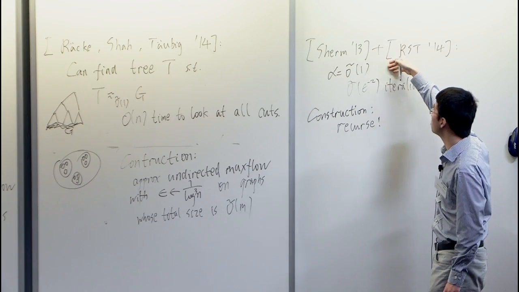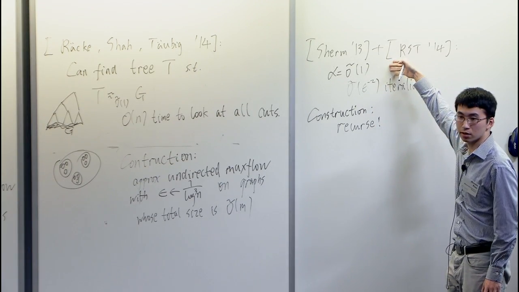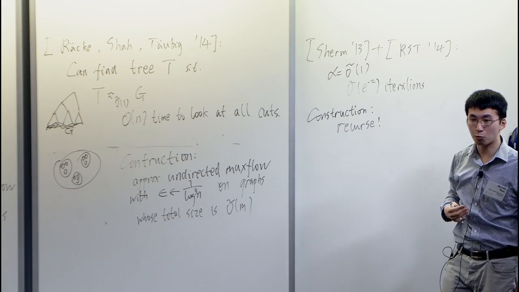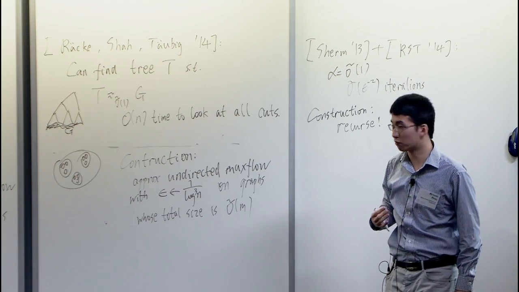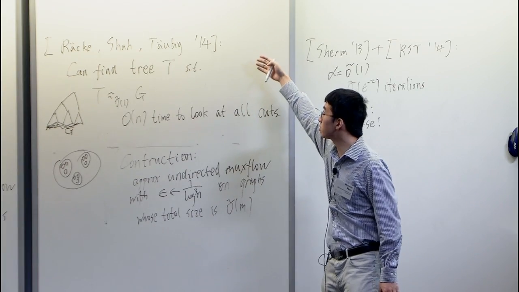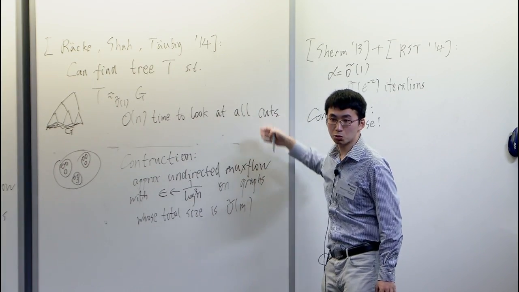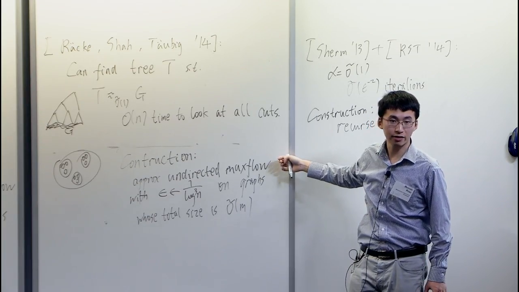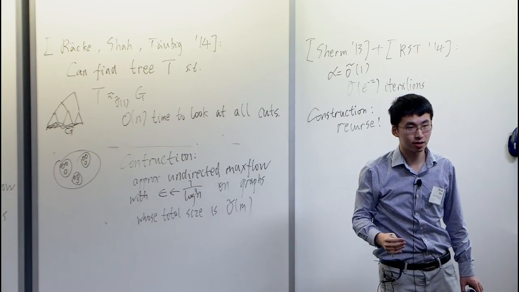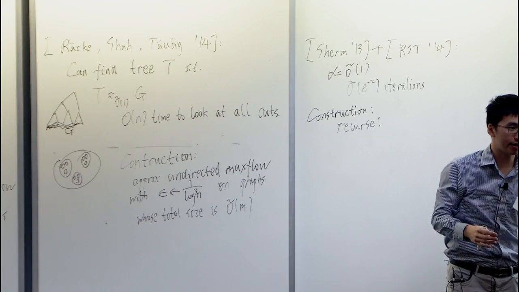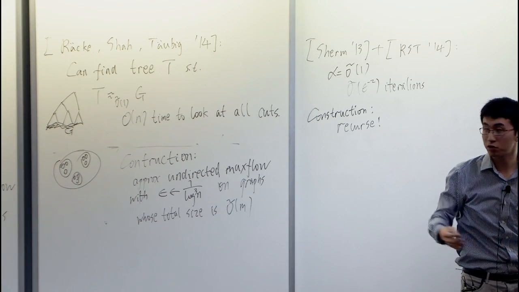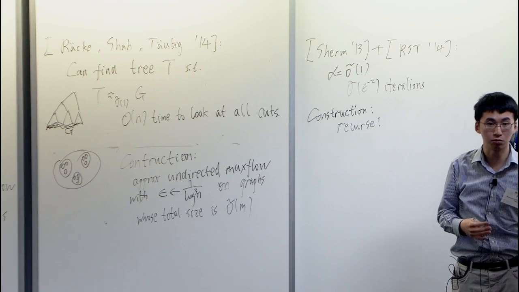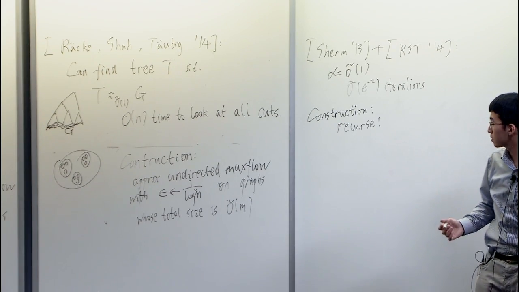So I'm going to use this algorithm in the sense that every time I want to solve a maximum flow, I use the RST routine to compute a cut approximator, and then from this cut approximator, I'm going to use the almost route routine to solve the maximum flow problem.